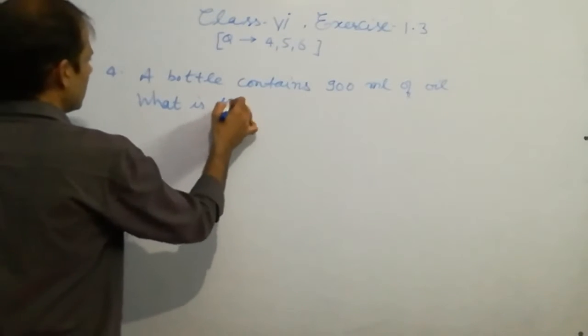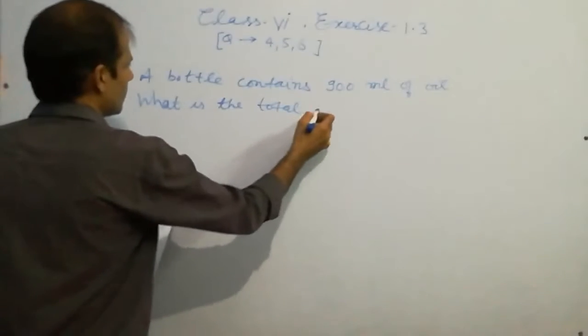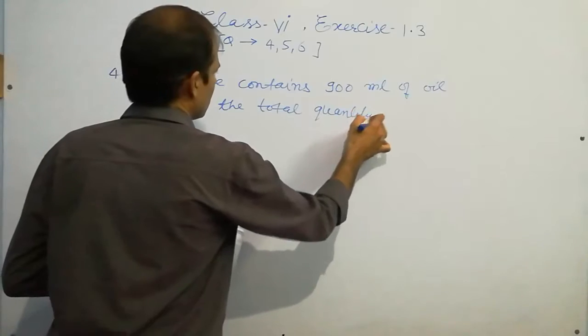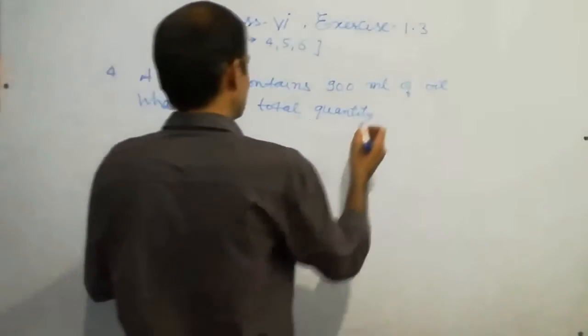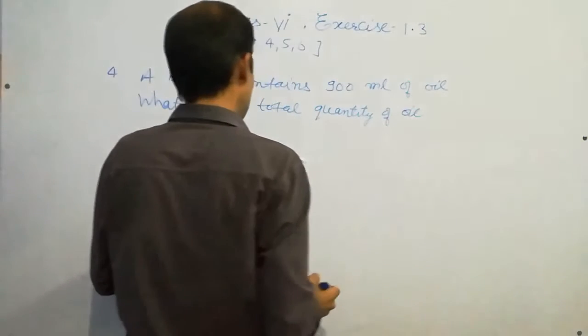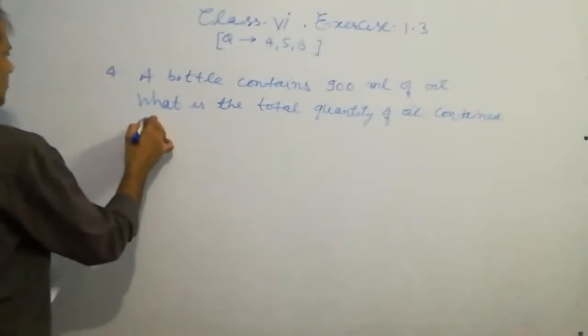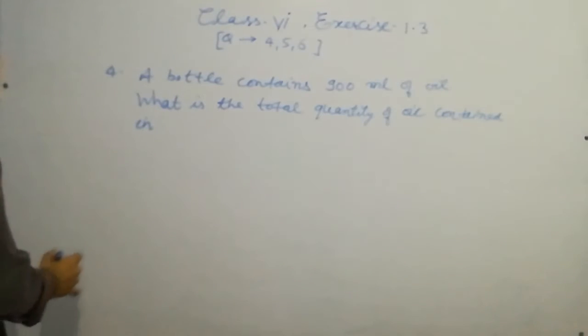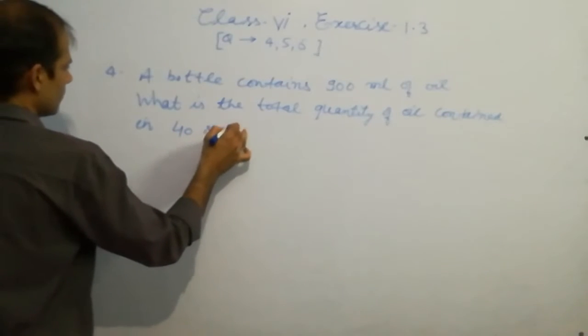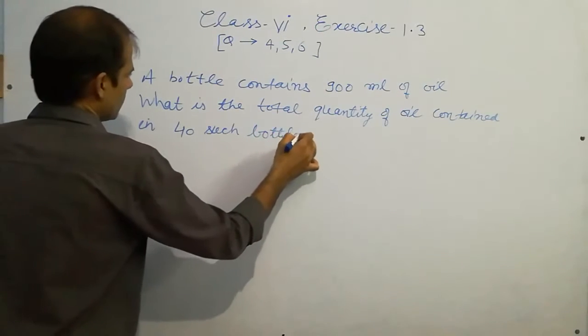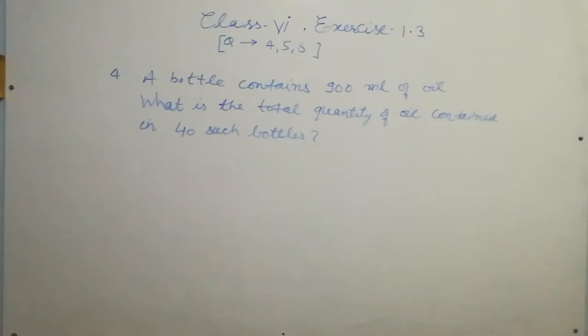What is the total quantity of oil contained in 40 such bottles? So the question is, we should check it again. A bottle contains 900 ml of oil. What is the total quantity of oil contained in 40 such bottles?